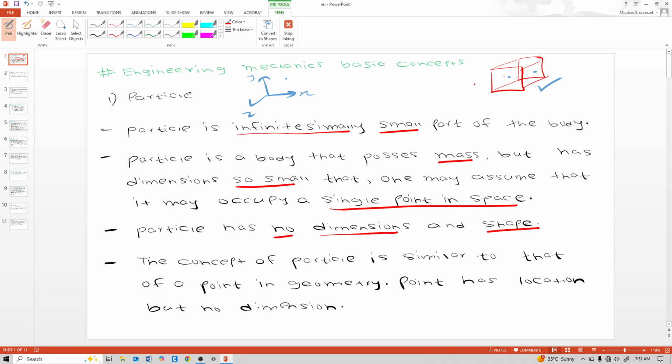I told you already, a cube shape, inside it, a particle. A point has location but no dimension. Why no dimension? Because it is infinitely small.